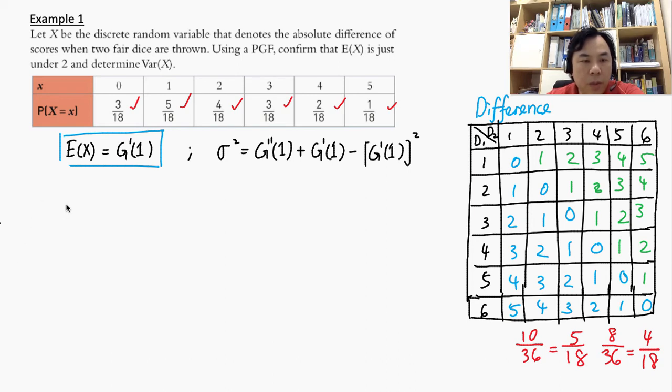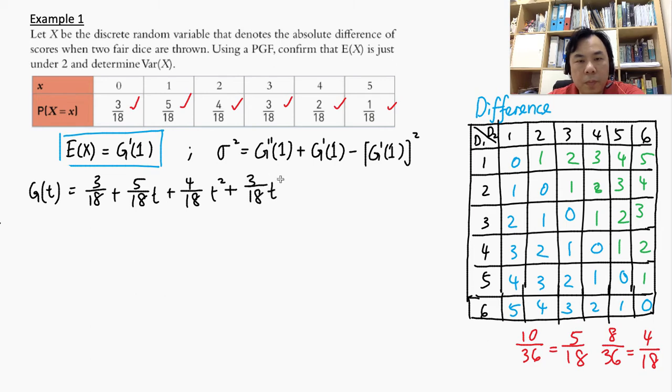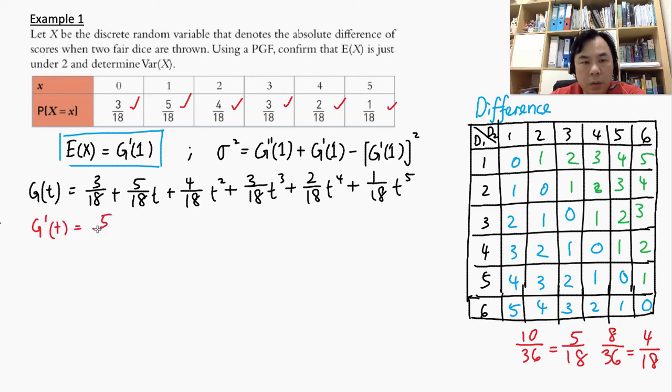Now my probability generating function is given by this, 3 over 18. Okay, and then next, we have already differentiated one time just now, so we have already obtained this.